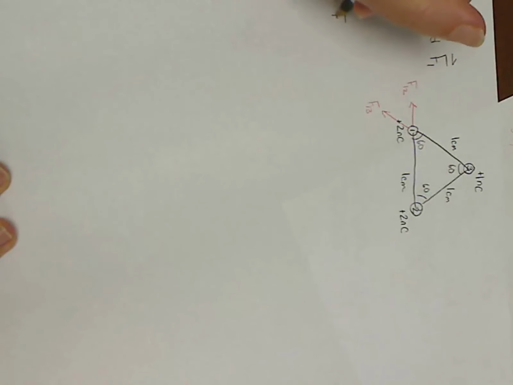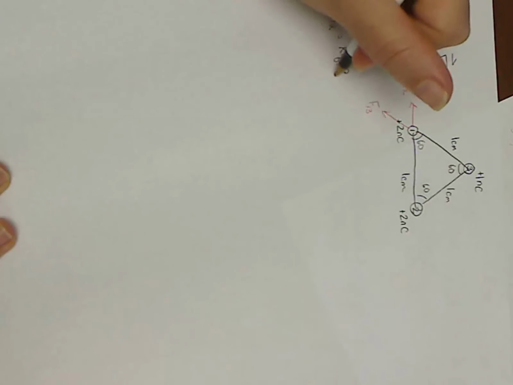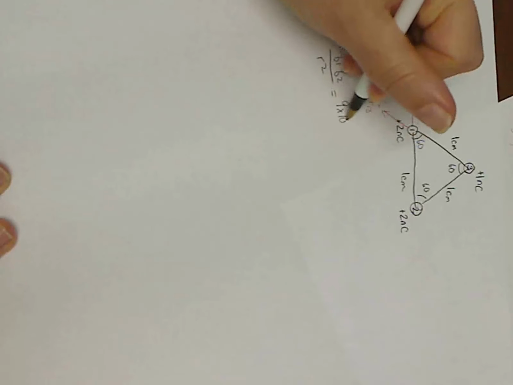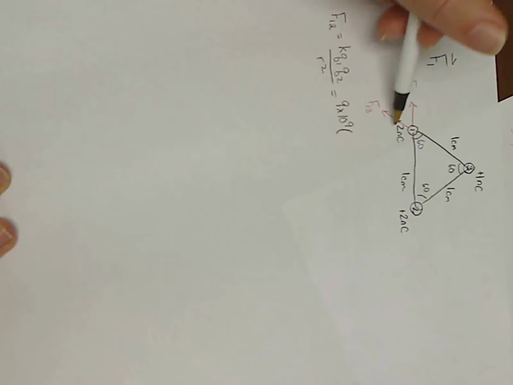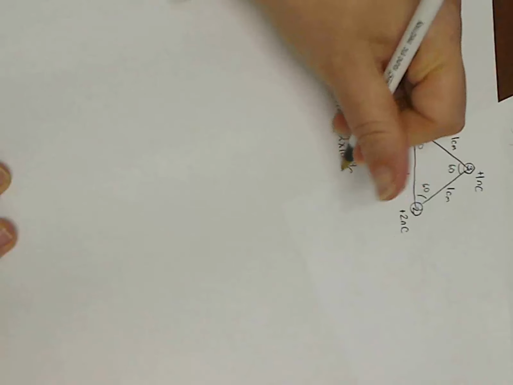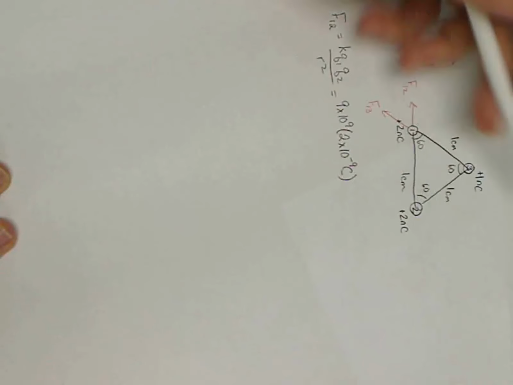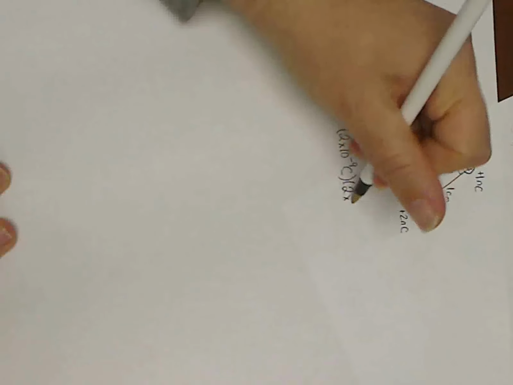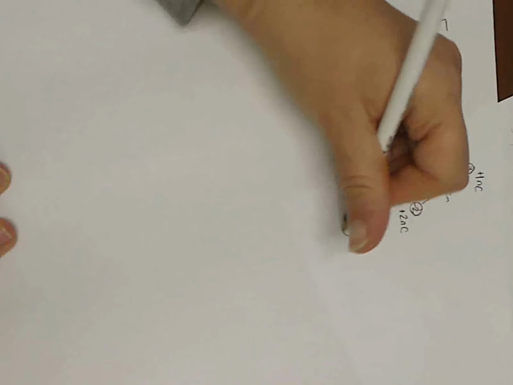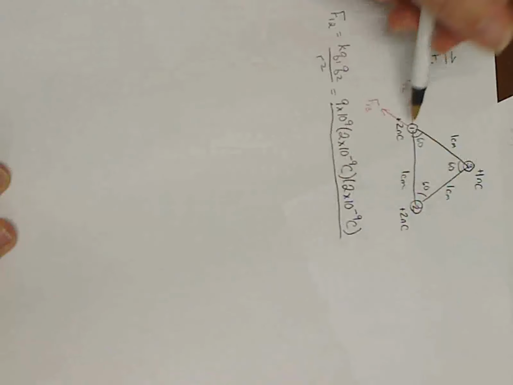So I want to find the force on 1 due to charge 2. So that's K Q1 Q2 over R squared. K is 9 times 10 to the 9. Q1 is 2 nanocoulombs, 2 times 10 to the negative 9 coulombs. Remember, nano is 10 to the negative 9. Charge 2 is also 2 times 10 to the negative 9. And on the bottom, we put the distance between them squared.